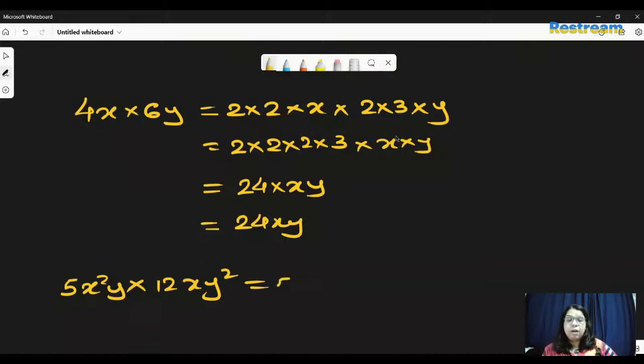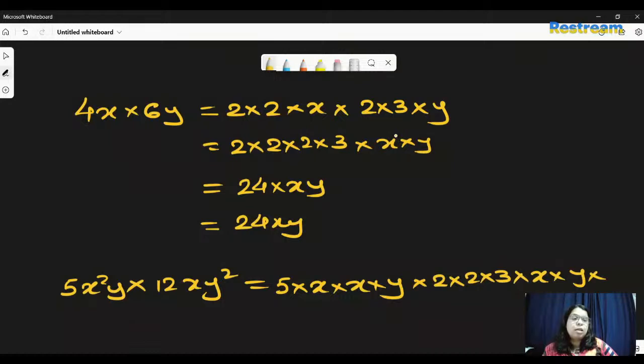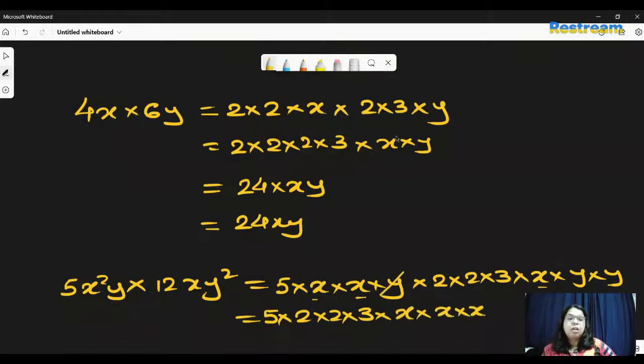So here we have 5 into x into x into y, whereas we have 12 as 2 times 2 times 3 times x times y times y. So now we have 5 times 2 times 2 times 3 multiplied by x times x times x, and y times y times y. So this is going to be equal to 12 times 5 is 60, x cube y cube.